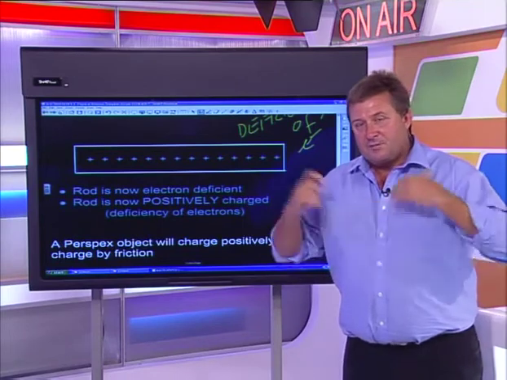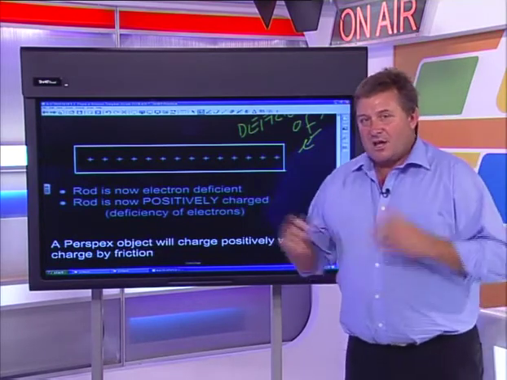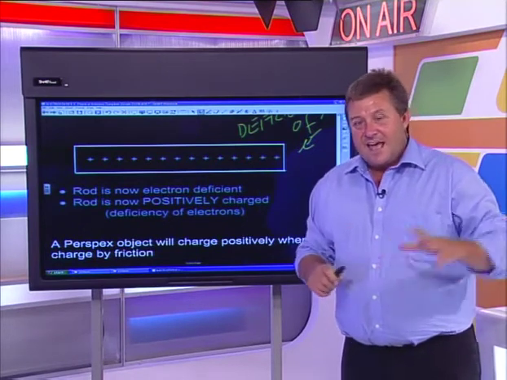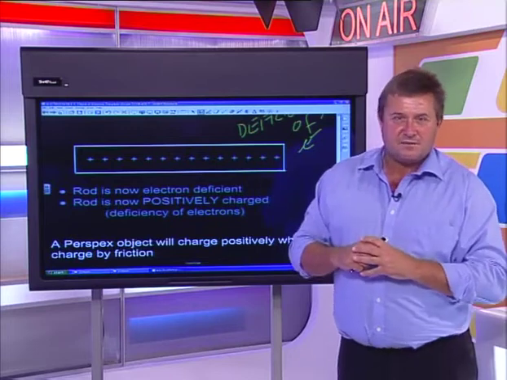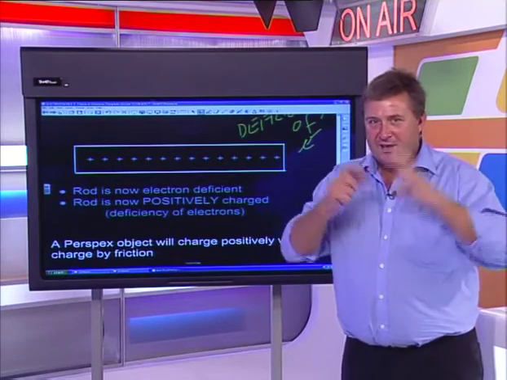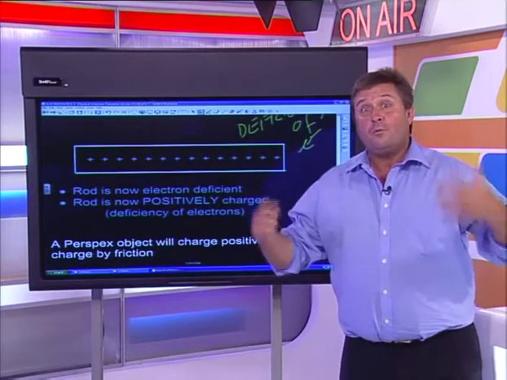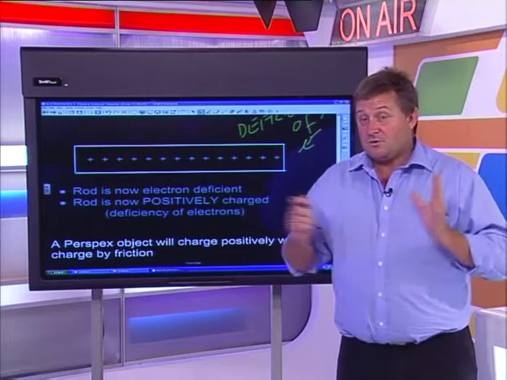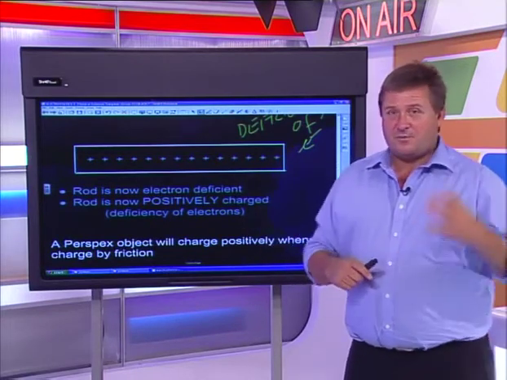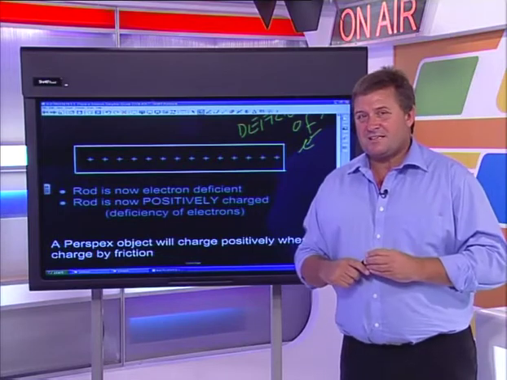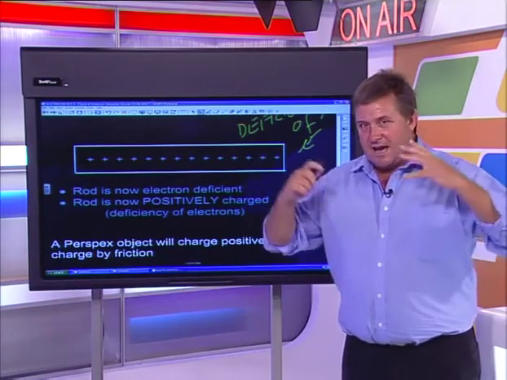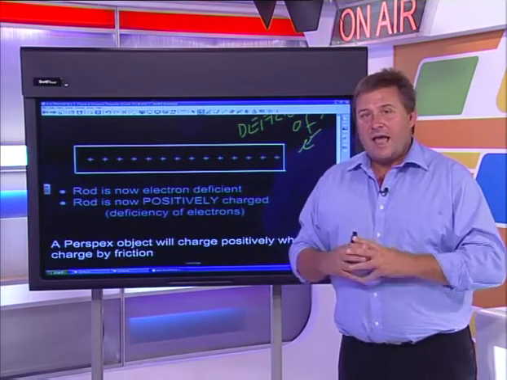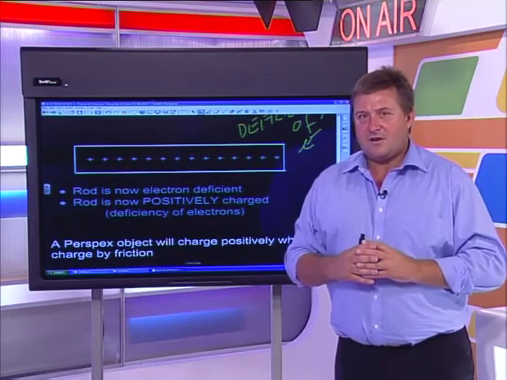As we approach the very dry winter months, a lot of you take your rulers and rub them on your jerseys, and suddenly you find it starts picking up little pieces of paper, and even if you hold it next to your hair it starts to stand on end. That's all because of static electricity. And we mustn't forget our wonderful fireworks shows in summer, through our lightning storms, again, fantastic static electricity theory that goes on in the clouds themselves, which you probably have looked at in grade 10.